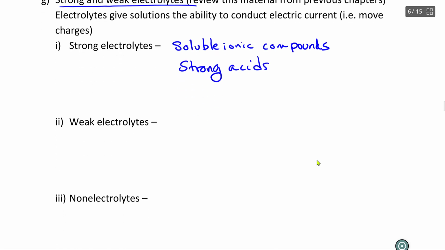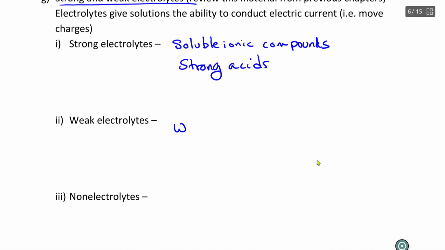And the weak electrolytes are actually the weak acids and weak bases. The most common weak bases are things containing nitrogen, like ammonia.